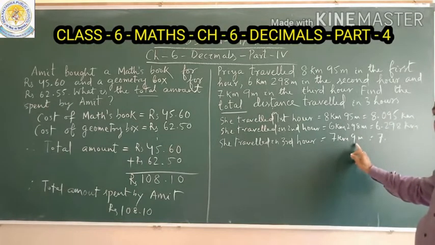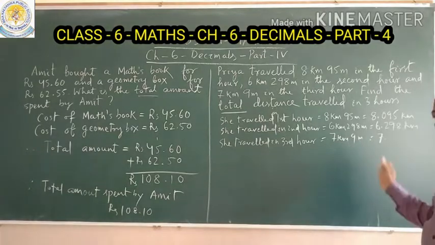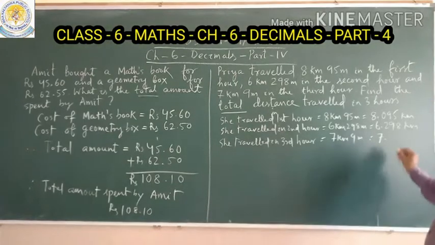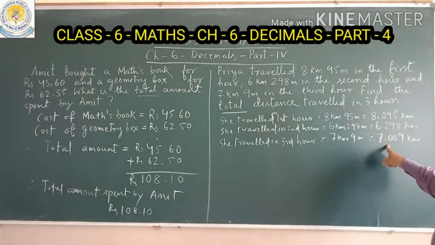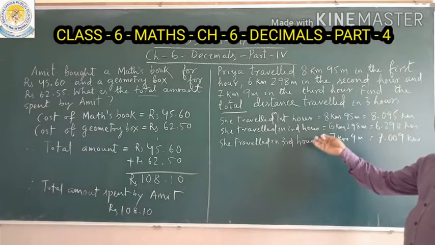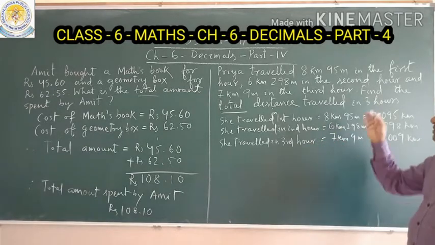But here 1 place is given. So how many zeros to the left of the 9? 2 zeros. So 009. So 7.009 kilometer, with 3 places after the decimal.